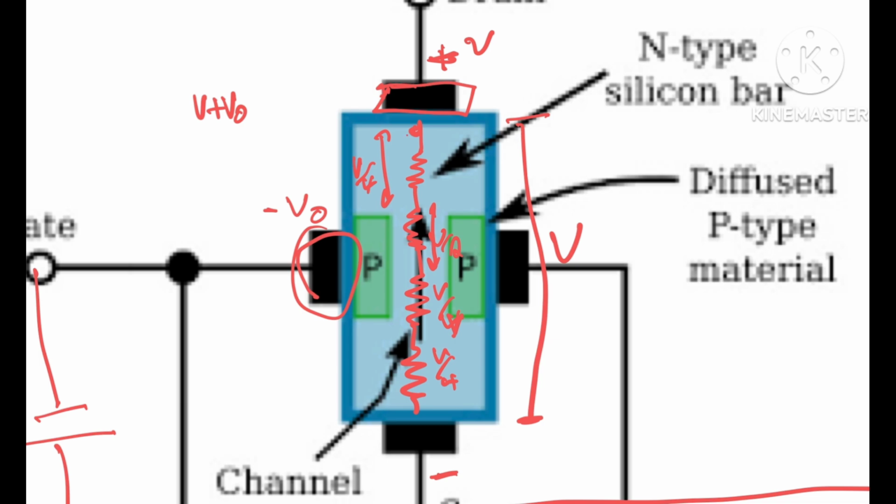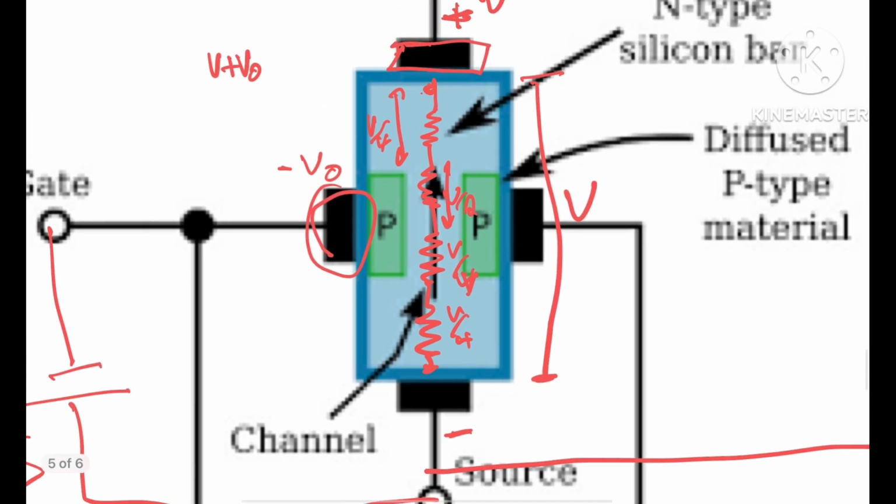It will be larger. But let's say we come here at the source. Now if we add all the voltages from this point to this point, we are going to notice that this is equal to V. That means the potential here is almost zero, or the potential difference here is, you can say, zero. Now what's going to be the potential difference in this part along this area?